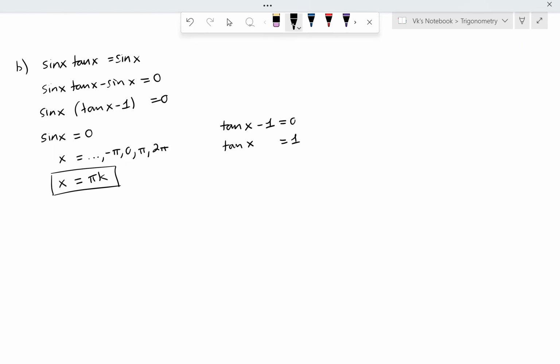So x equal to pi over 4, 5 pi over 4, and then we add 2 pi to get to the next ones: 9 pi over 4, 13 pi over 4.